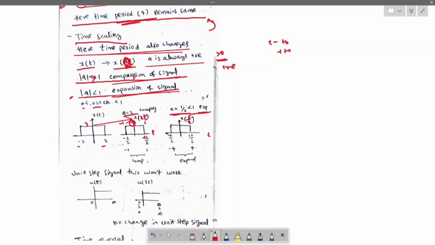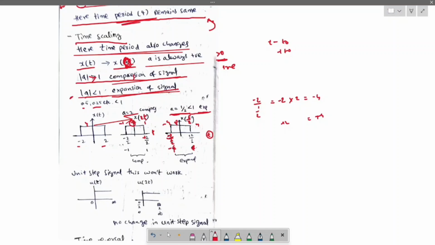So in terms of t, you need to multiply, like -2 by 1 by 2, which means -2 into 2, which is -4. In the same way, +2 becomes +4. Which means -4 to 4, the graph will expand. So -4 to 4 is 8 units of time.